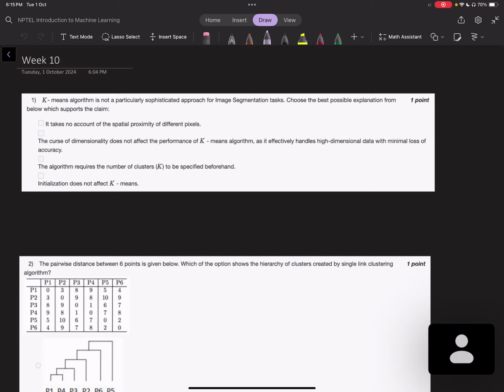A and C. Okay, A and C is the correct answer. I'll explain the k-means algorithm altogether, and this solution to this question as well.